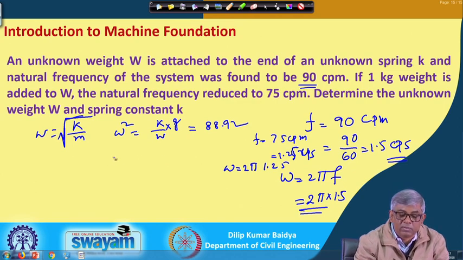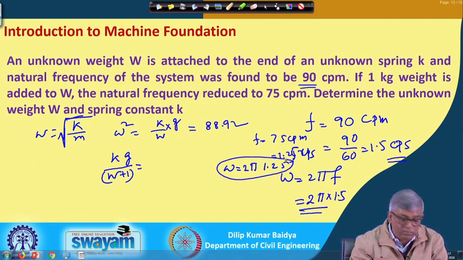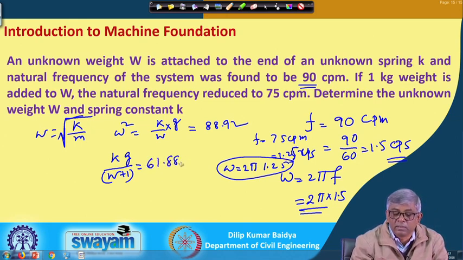So, I can do another: k divided by W plus 1, that will be equal to this square, which will be equal to 61.88. So, these two equations we have got.